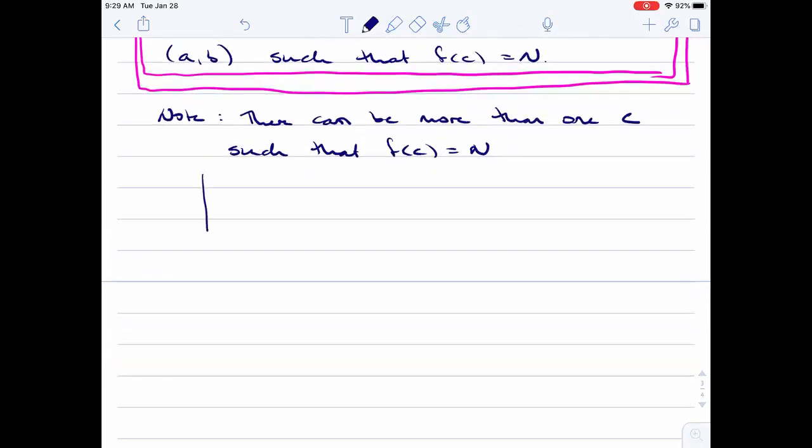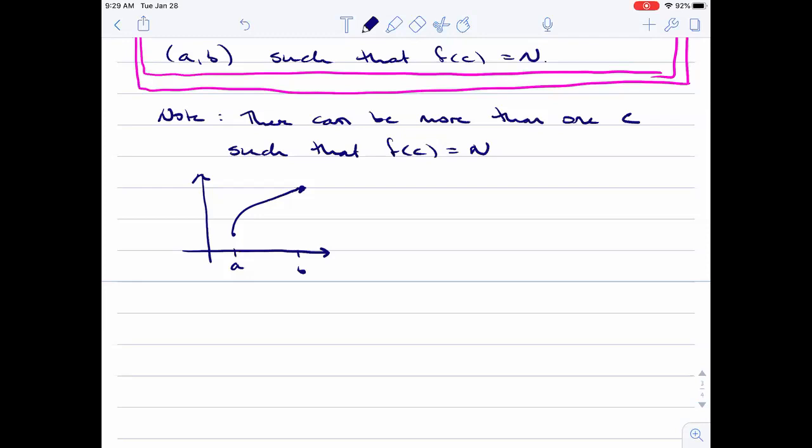For example, if we just have the 1, then between A and B, on the closed interval between A and B, let's just say the function looks like this.